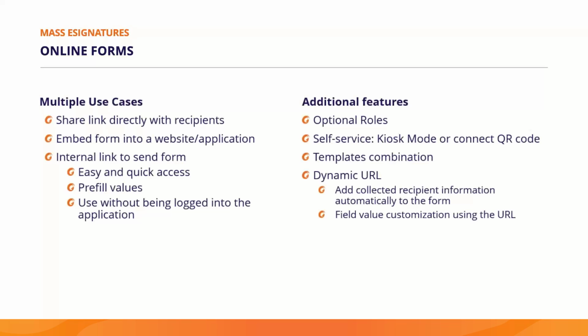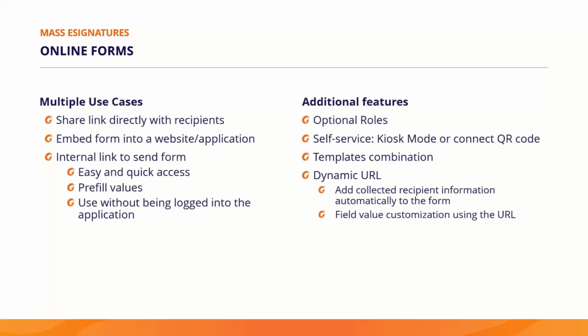And also if you have a package of templates that you're using over and over, you can combine all these templates into just one link, like an onboarding package, for example. And lastly, we do have the dynamic link. So the dynamic link is a shareable link where recipient information and a few custom fields can be pre-filled by customizing the URL.